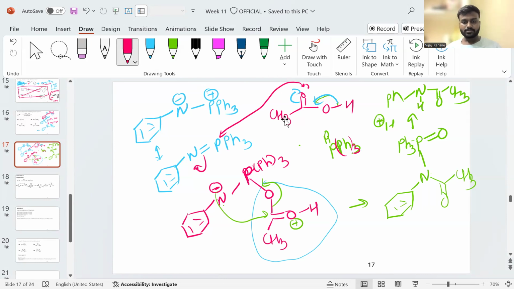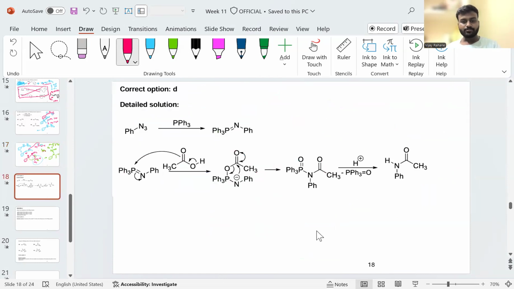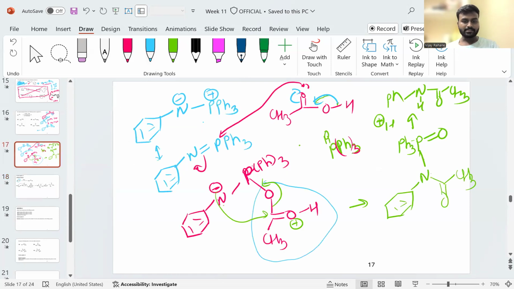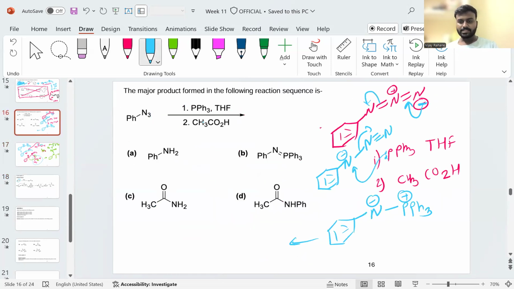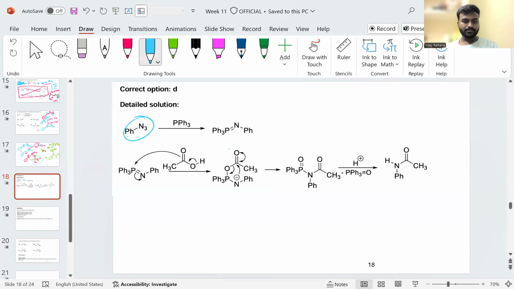will be eliminated. So the stepwise reaction mechanism, if you want to see, is here, much clearer than what I have drawn. So the first step, as I have explained, when it reacts with the PPh3, the N2 elimination takes place. So it forms the N double bond PPh3 intermediate, and which then reacts with the acetic acid.